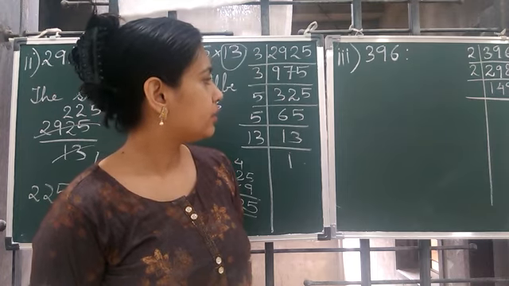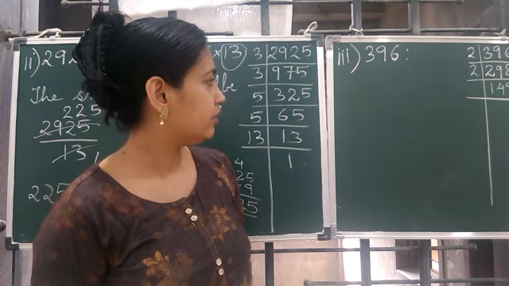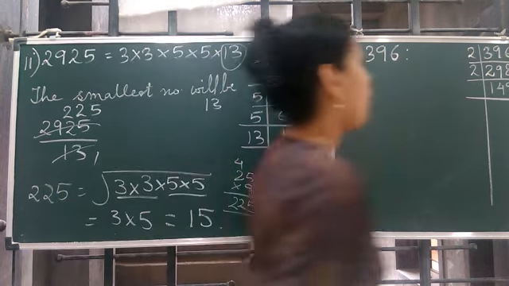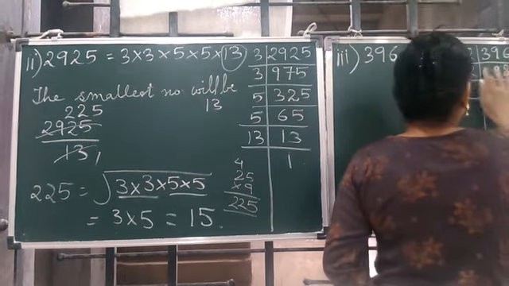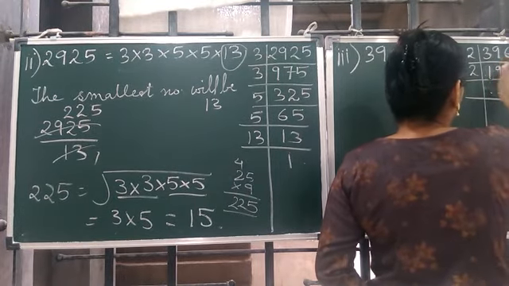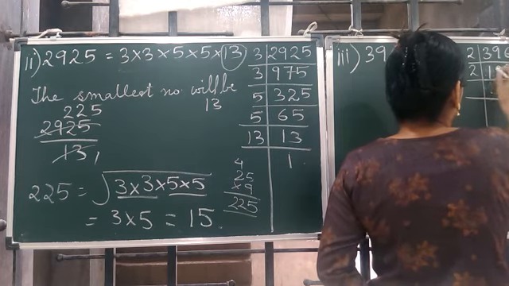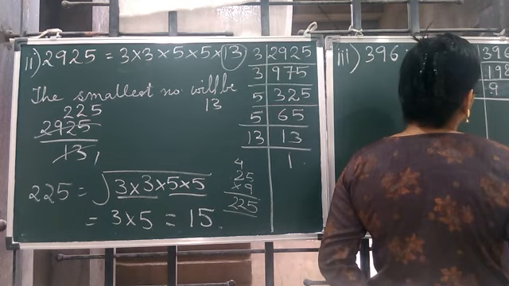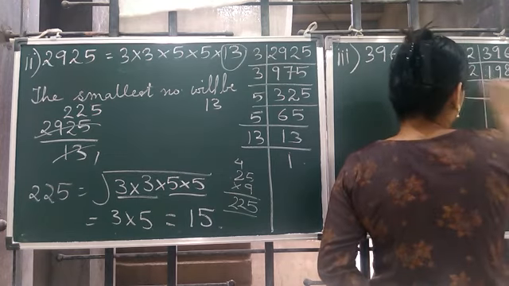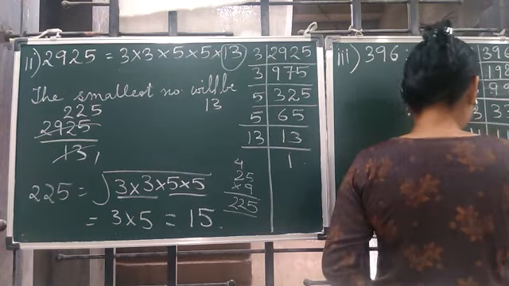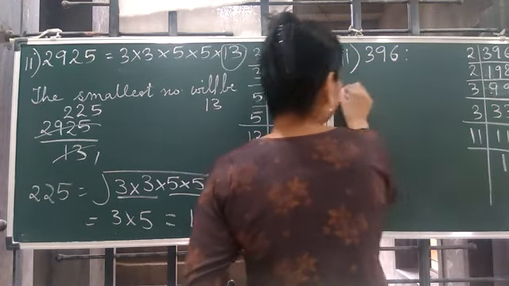Then what is the next? 11. 11 ones are 11. That is why it was not going. 2 ones are 2. Now 2 9s are 18. 3 33s are. 3 11s are. 11 ones are.